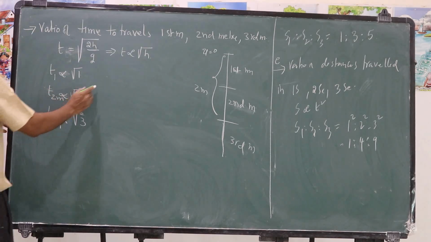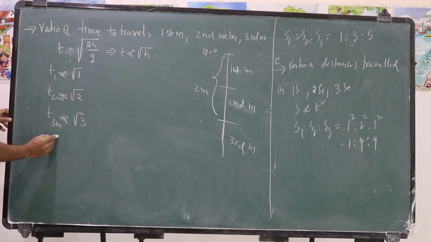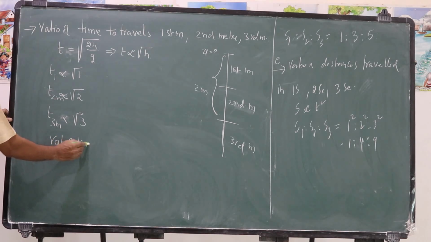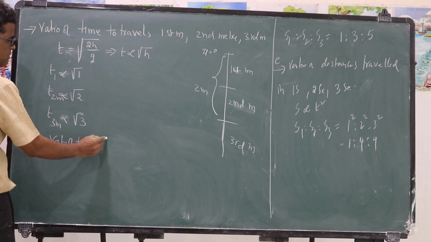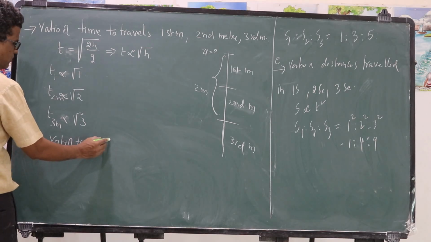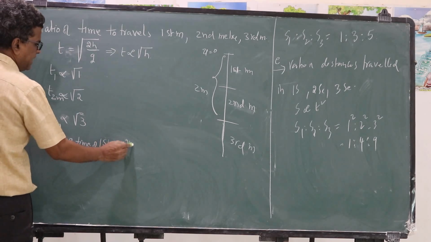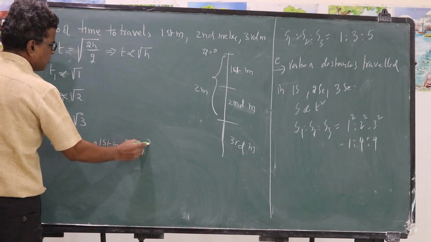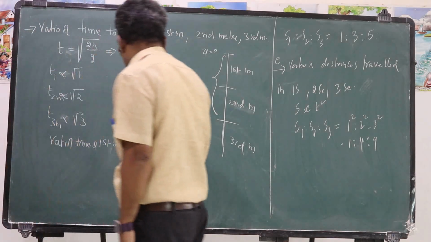I want a ratio of timings, the ratio of times of the first meter, second meter, third meter and so on.